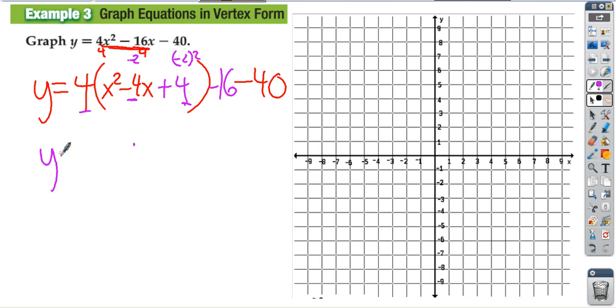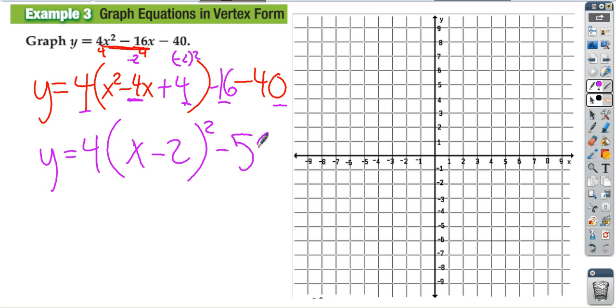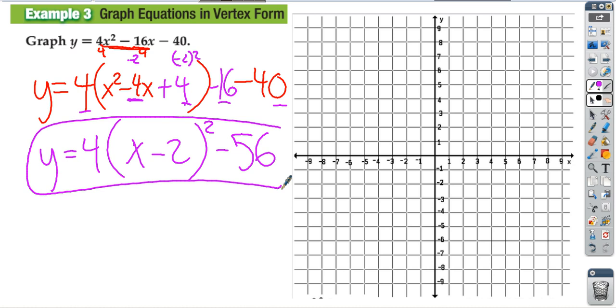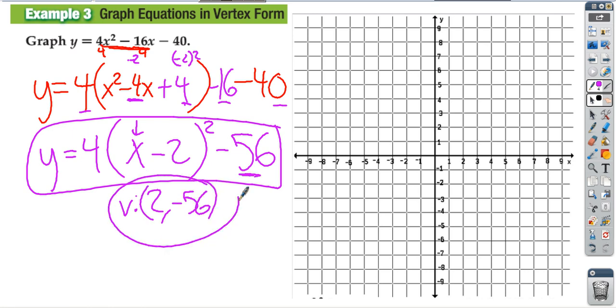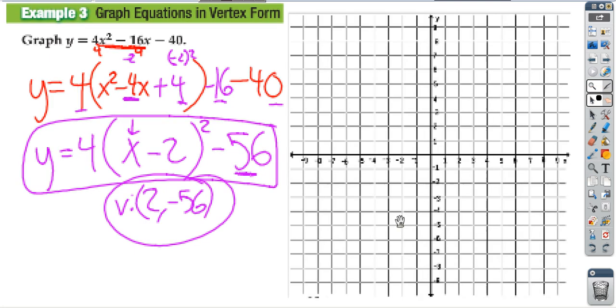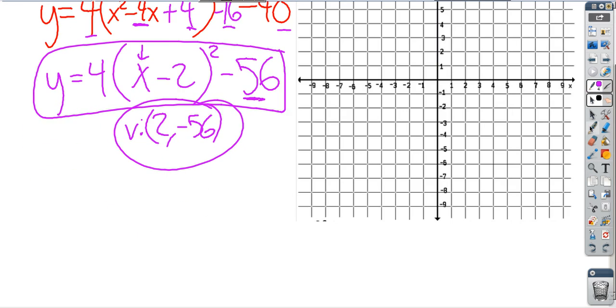So we have y equals 4 times x minus 2 squared, minus 2 because half of negative 4 is negative 2. Minus 16 minus 40 will be minus 56. So there is our equation. Our vertex is going to be at 2 because 2 makes that 0, comma negative 56 because there's negative 56. So there's our vertex. We know it's going to open up because there's no negative in front of the 4.